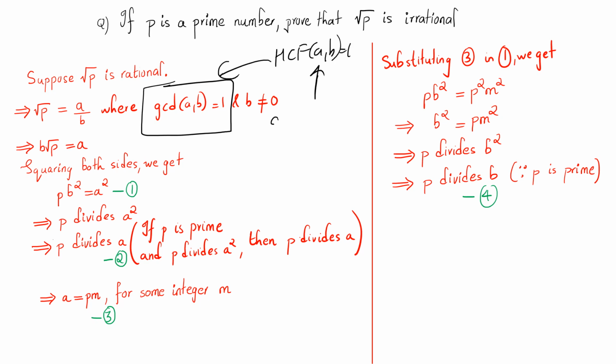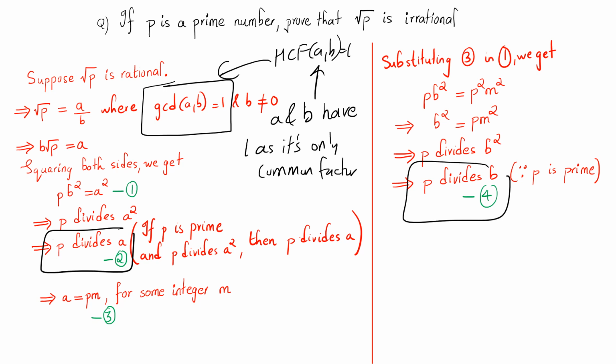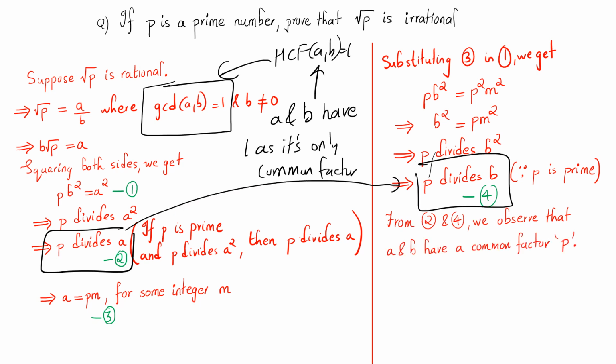We had basically said that a and b have 1 as their only common factor. But what are we saying here? P happens to be a number which divides a and b. So from 2 and 4, we are observing that a and b have a common factor p.